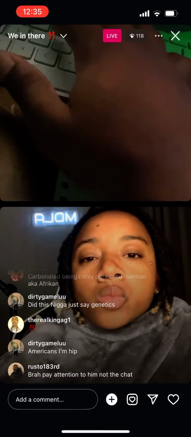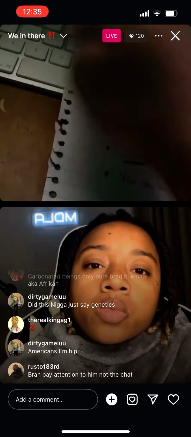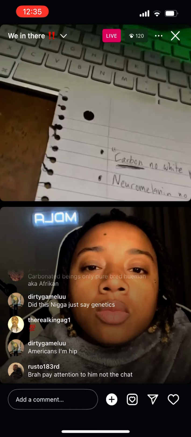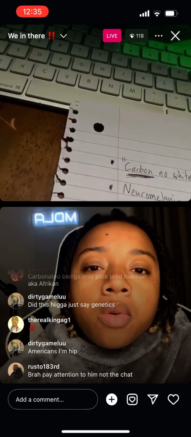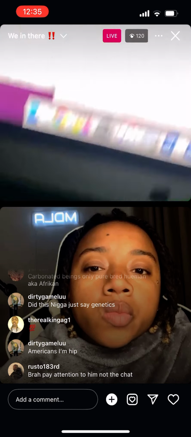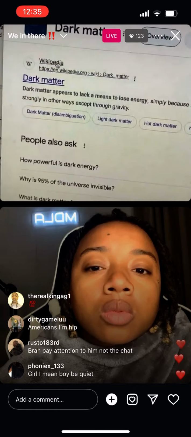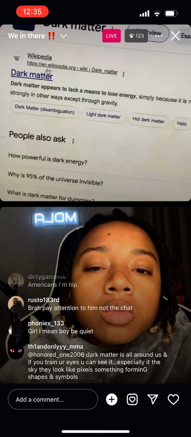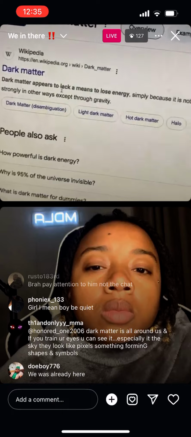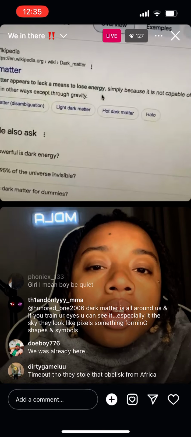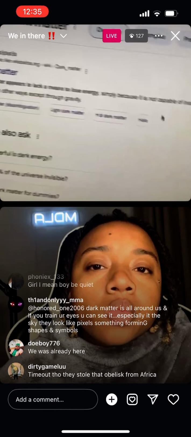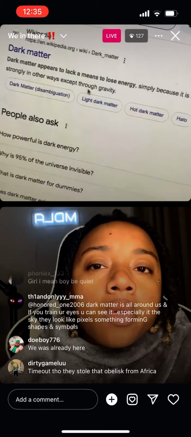So what I'm looking up right now is what is dark matter energy. Okay, says dark matter. We don't got to take this for the only source, but we're gonna look at it because it popped up. Dark matter appears to lack a means to lose energy simply because it's not capable of interacting strongly in other ways except through gravity.